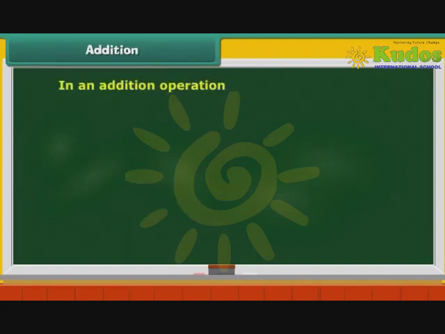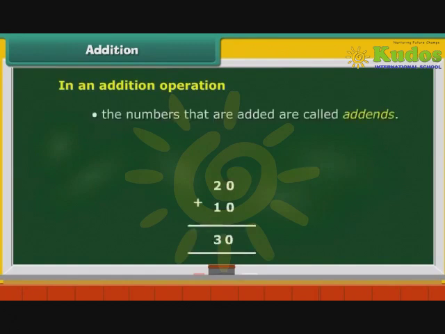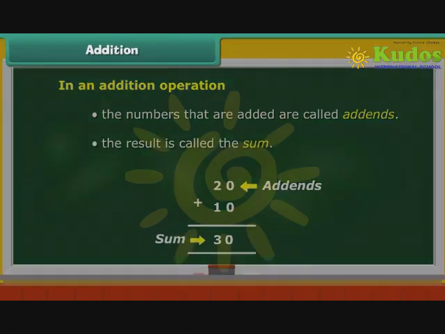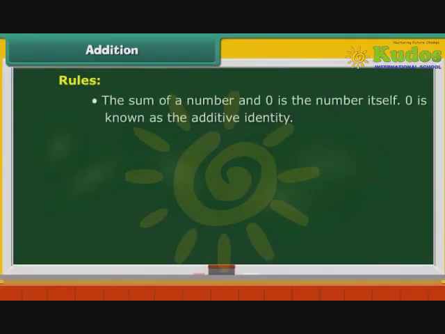In an addition operation, the numbers that are added are called addends, and the result is called the sum. Before we begin, let us understand some rules of addition. The sum of a number and 0 is the number itself. 0 is known as the additive identity.